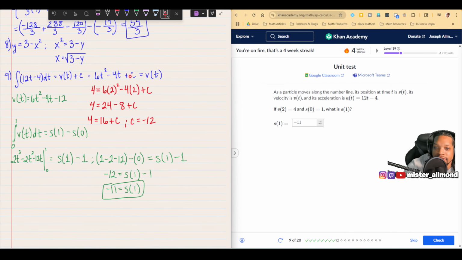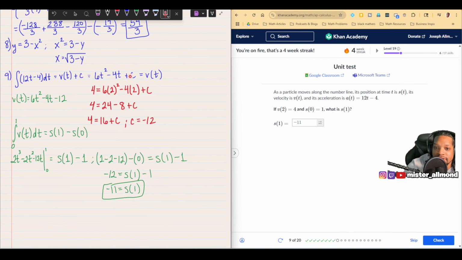6 times 4 is 24 minus 8. 24 minus 8 is 16. 4 minus 16 is negative 12. So I got my velocity function. I integrated it from 0 to 1. That is one thing I could check. I'm going to check it just to be safe, because why not?